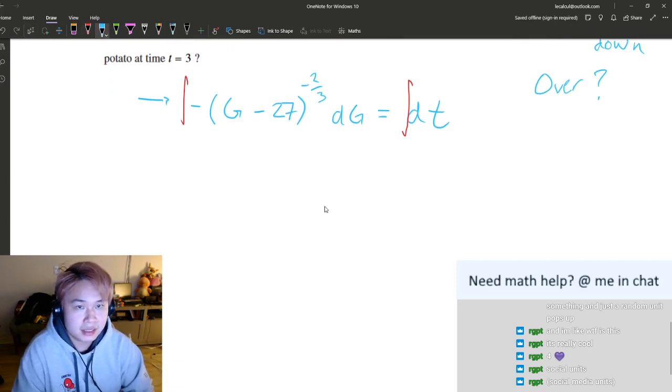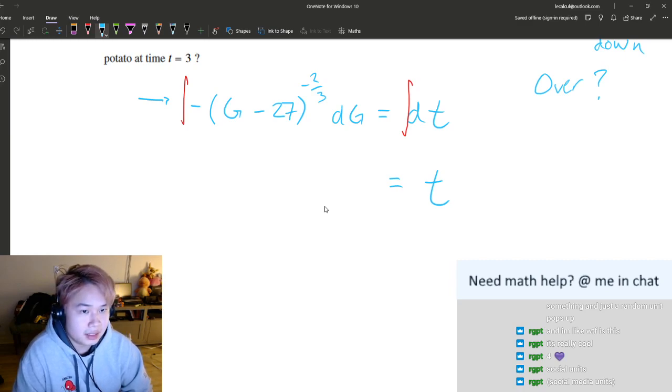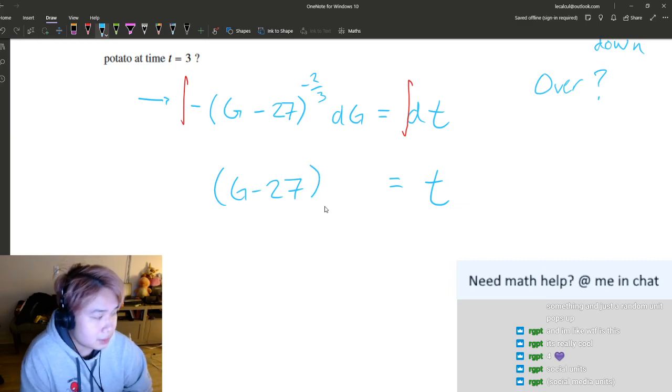So on one side, we just get t, and then on the other side here, you get g minus 27, and then what is this, 1/3?